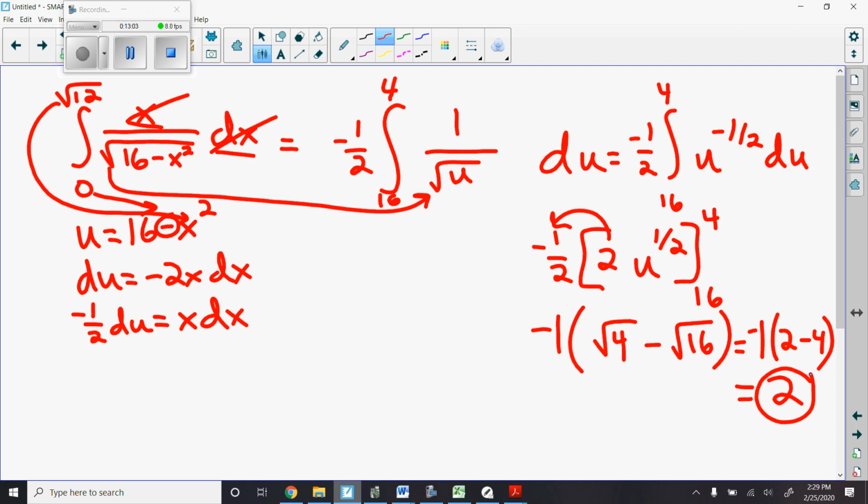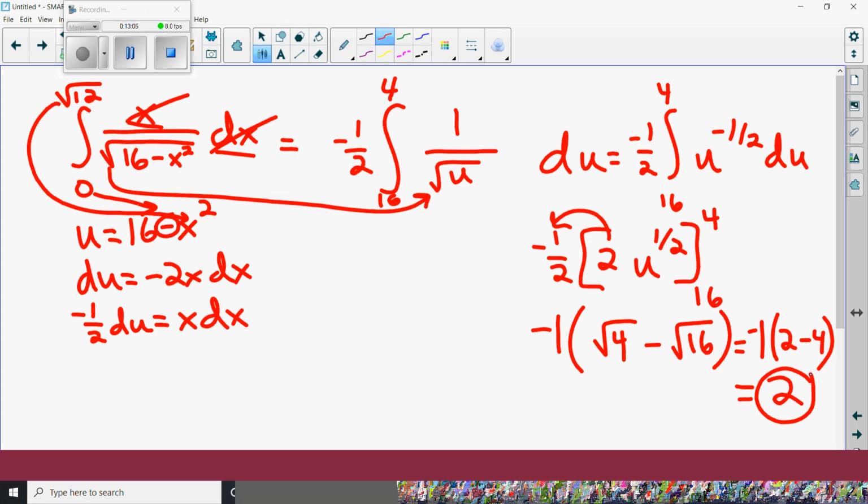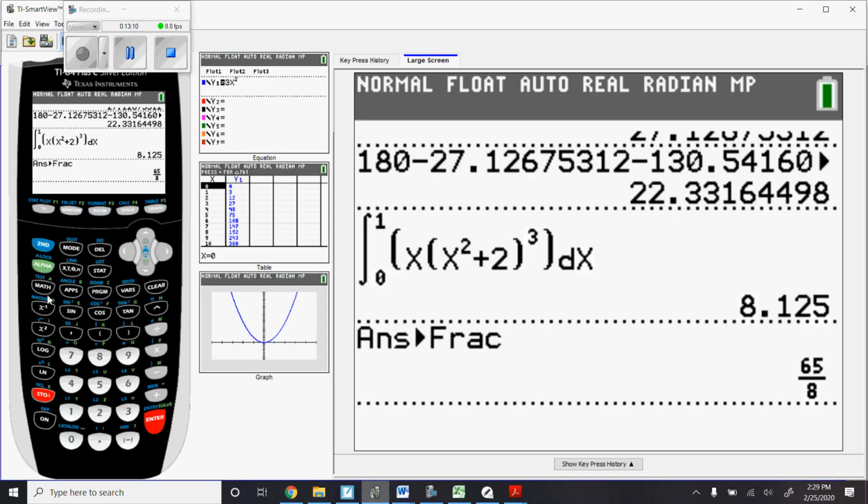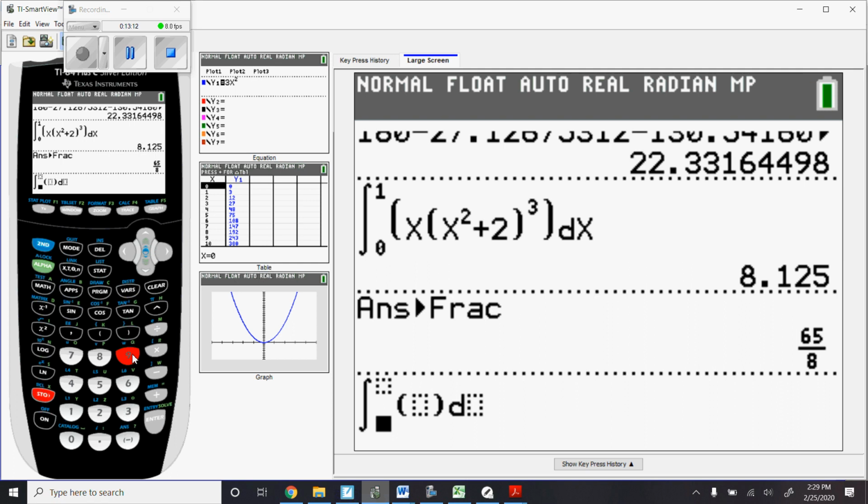Again, let's take a look at the calculator and make sure that that's correct. Do math 9, integral 0 to root 12.